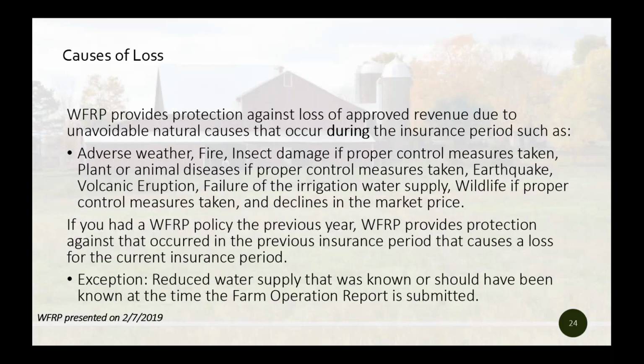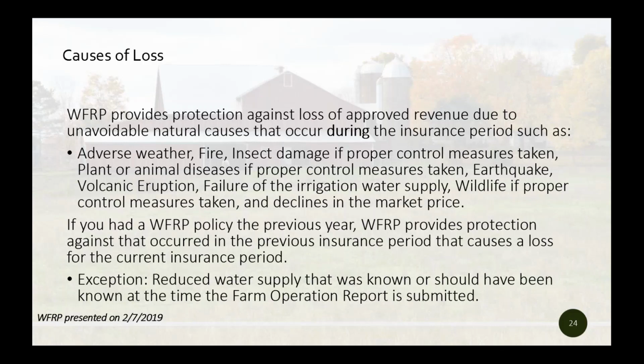The whole farm policy provides protection against the multiple perils resulting from natural causes. The causes of loss for whole farm mirror the causes of loss protected against for most other federal crop insurance policies. It is important to keep your agent informed of damage that could result in reduction in approved revenue.